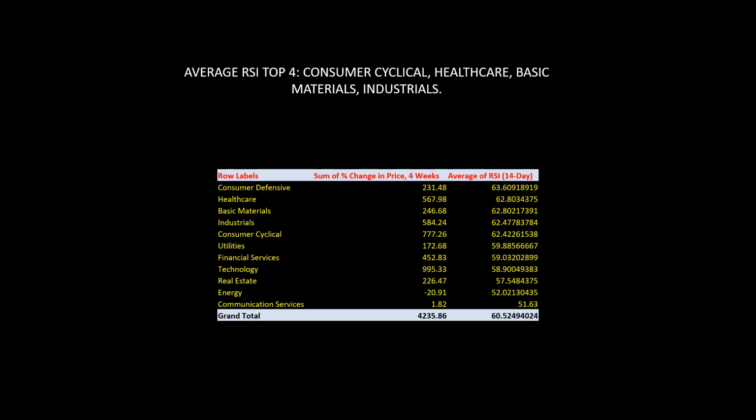So almost the same top 4 that we saw in the percent change of 4 weeks, but one difference being industrials rather than consumer cyclical. But as you can see here, every sector across the S&P 500 has an RSI on the overbought side of the market. None of them are overbought technically speaking yet, but they are pushing there as far as the overall average of the sector that's in the S&P 500. So that is something to take note of.